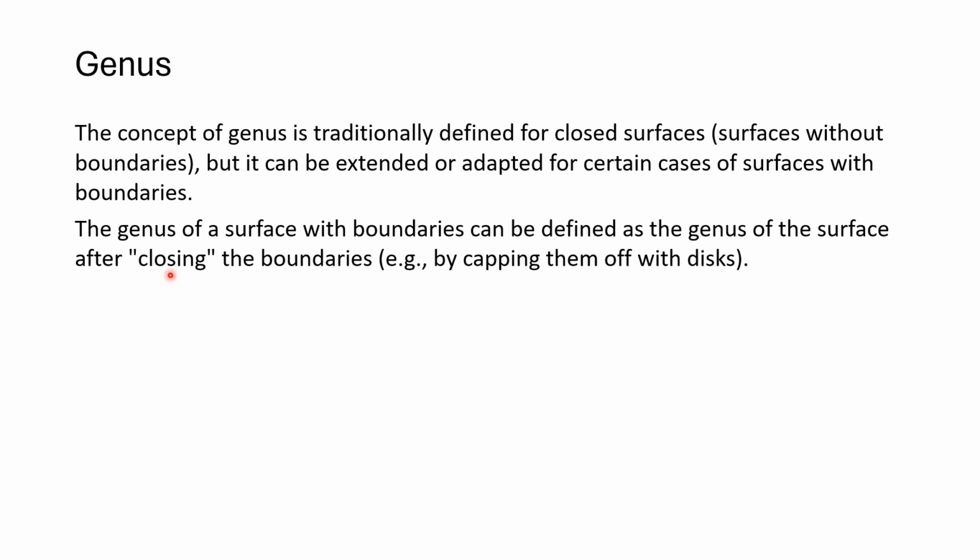So if you capped off a cylinder with 2 discs on the top and the bottom, you could say that it has 0 holes like a sphere and make the genus of the cylinder 0. But again, we're not going to pursue that approach here.